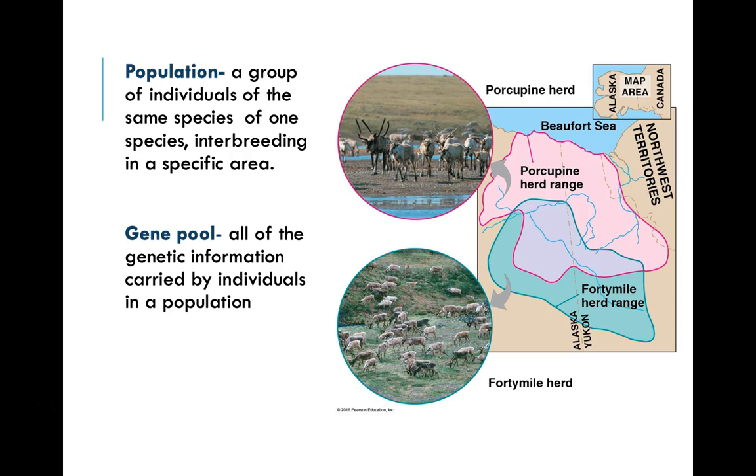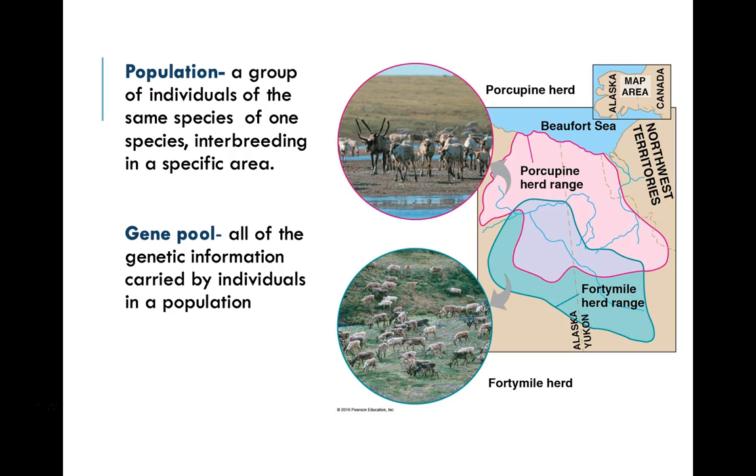So there are sort of three prerequisites for a population. You can define the area as anything you want. The area could be the entire United States if you want. Generally, though, it's talking about a region, a smaller area. But another important characteristic is that they have to interbreed. So this is a group of organisms that is interbreeding.